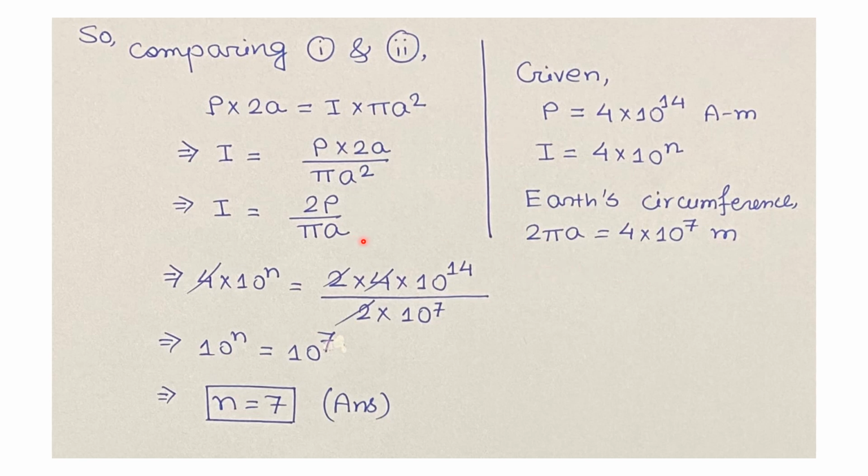We get 4 into 10 to the power n equals 2 times 4 times 10 to the power 14 divided by 2 times 10 to the power 7. Here 2 and 2 will be cancelled out from the numerator and denominator, and from the left side and right hand side the 4 will be cancelled out. So effectively we get 10 to the power n equals 10 to the power 7. So the value of n is 7 for this question.